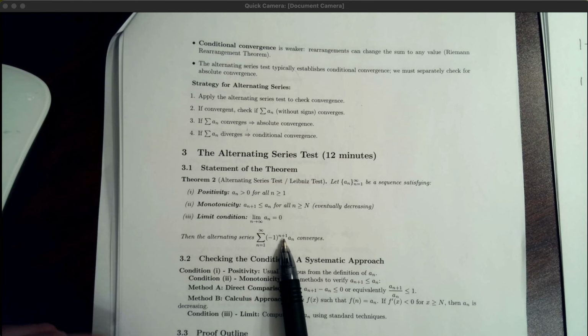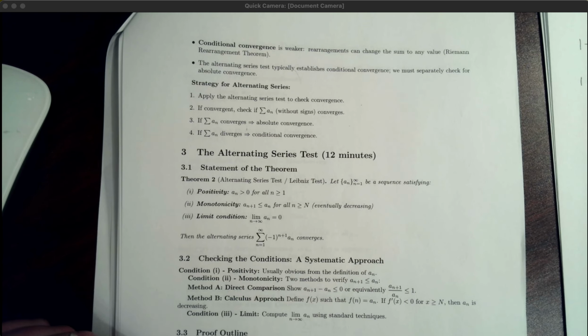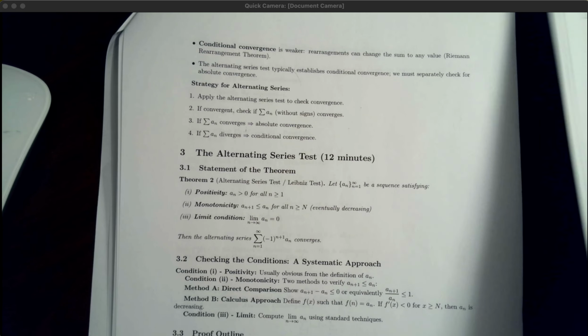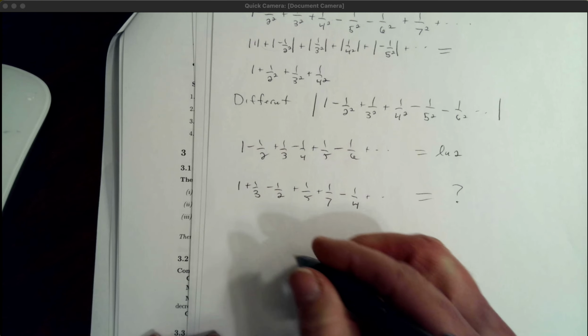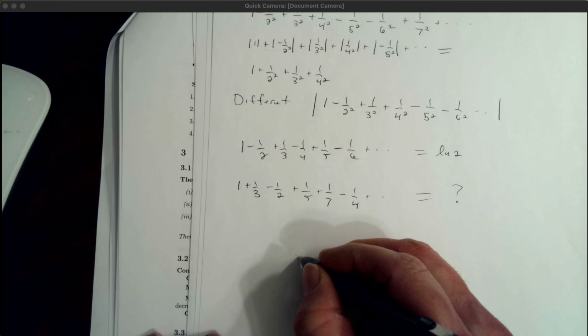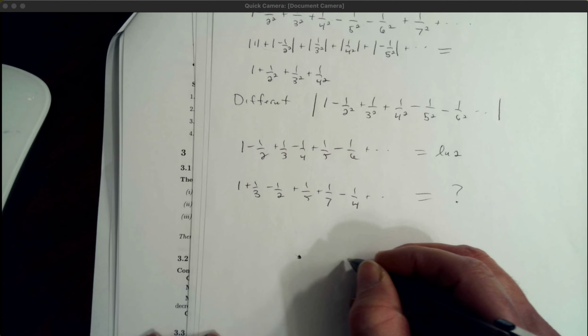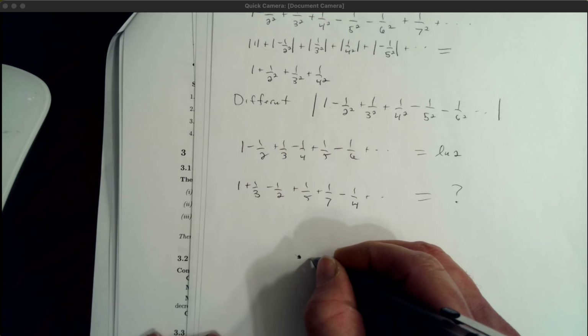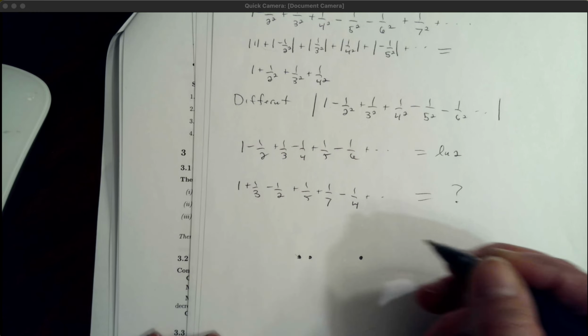It doesn't matter if it's the first kind or the second kind, whether the first term is negative or the first term is positive, it converges. What's basically happening here is you're starting with a term, and then you're adding a term, so you're moving to the right. But then you're subtracting a term that's a little less, so you're moving to the left but not as much.